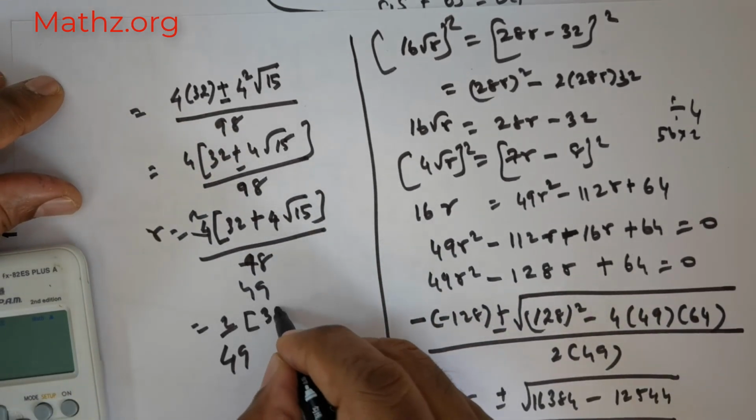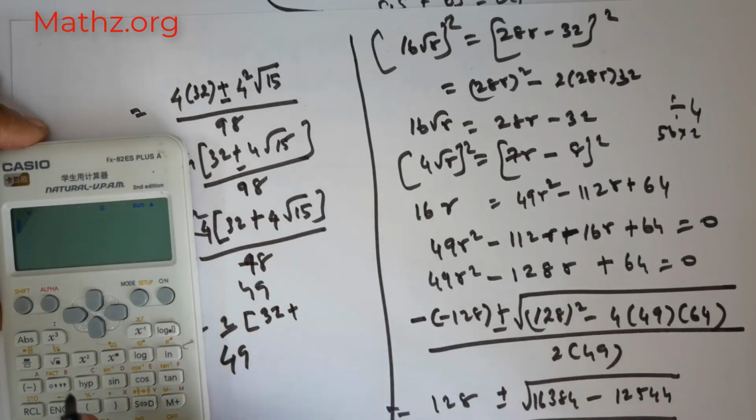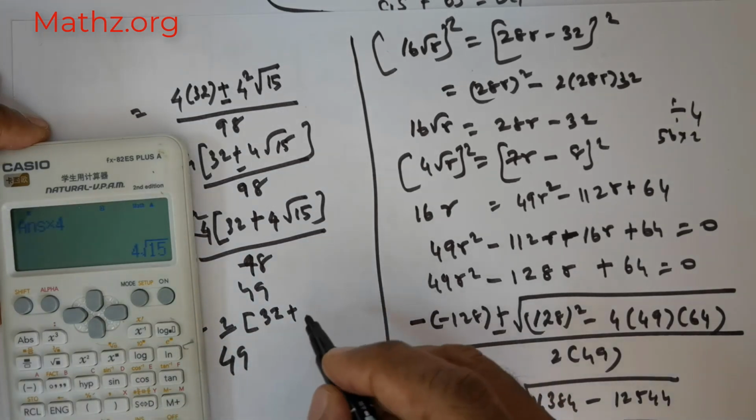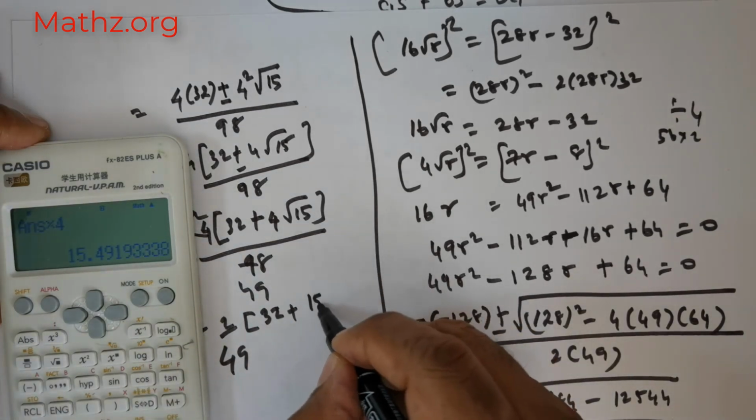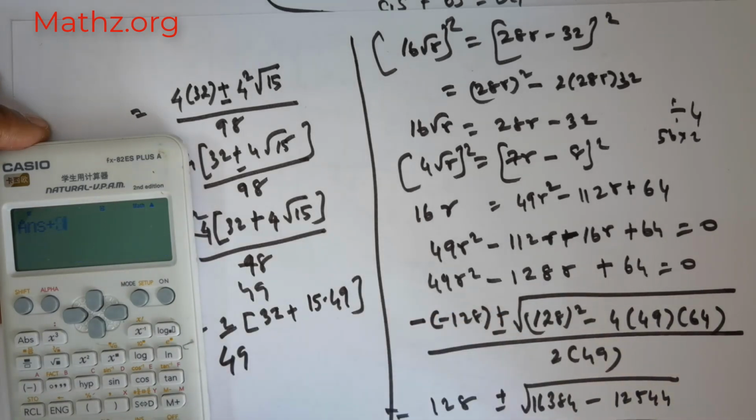49 times 32 plus, I'm going to use my calculator and find out the value of root of 15, and I multiply it with 4. I get 15.49. To it I add 32.